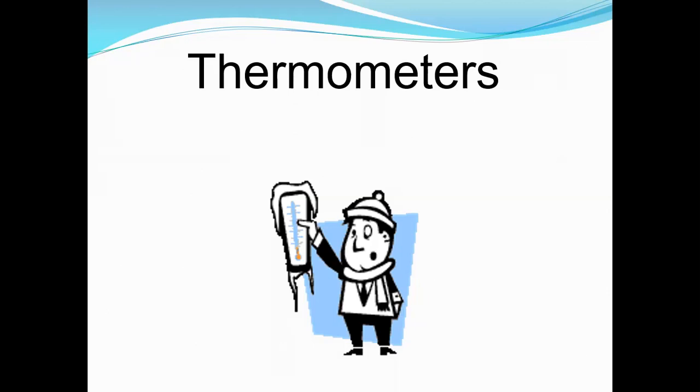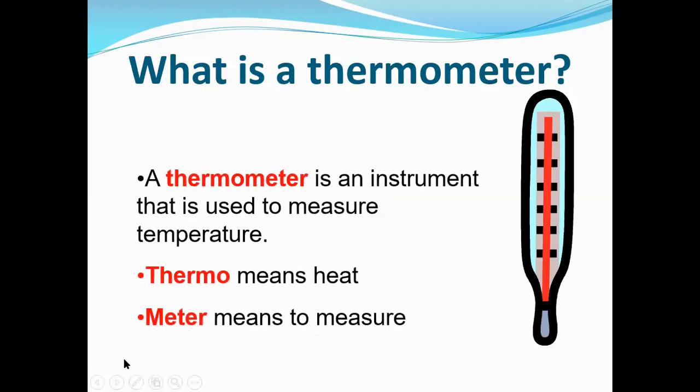So I have many kinds of thermometers. Okay, but in the beginning, what kind of graduation do we have in thermometers? We have three kinds of thermometers you have studied before. So as I told you, a thermometer is an instrument that is used to measure the temperature.